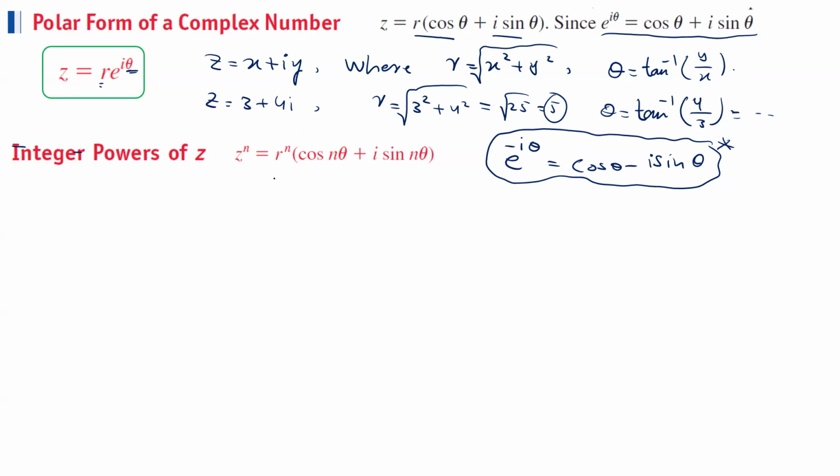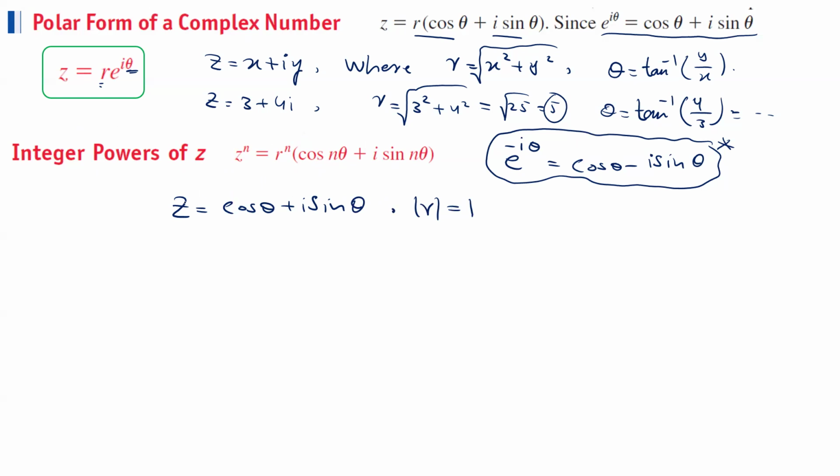Now something nice can be done from here. Let's suppose I have a complex number in this form, cos theta plus iota sine theta. It means that this is such a complex number which has radius 1, whose length is 1.